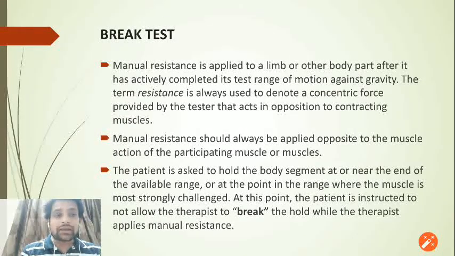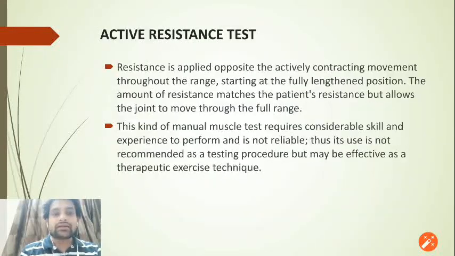Again, I repeat, the patient is instructed to not allow the therapist to extend the elbow while the therapist applies the manual resistance. So this is known as brake test.